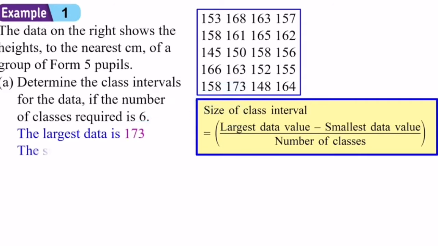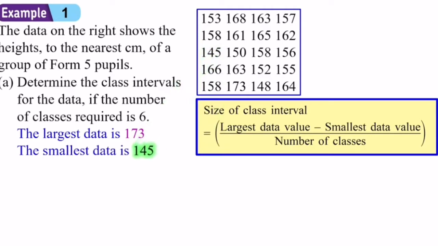So I am going to find the other one, which is the smallest data. Let me see. Which one is the smallest data? The smallest data is 145, isn't it? So we will minus 173 minus 145, and then we divide by 6.